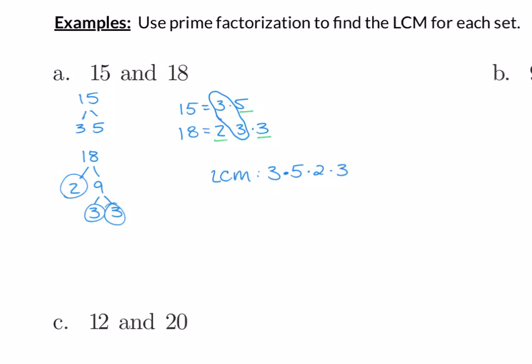And again, remember multiplication, we can do this however we want. I'm going to multiply 2 times 5, gives me 10. And 3 times 3 gives me 9. And if I multiply that together, I do get 90. So 90 is our least common multiple.